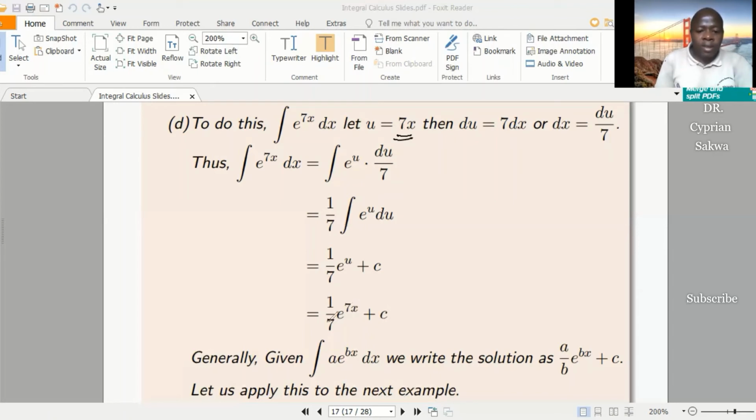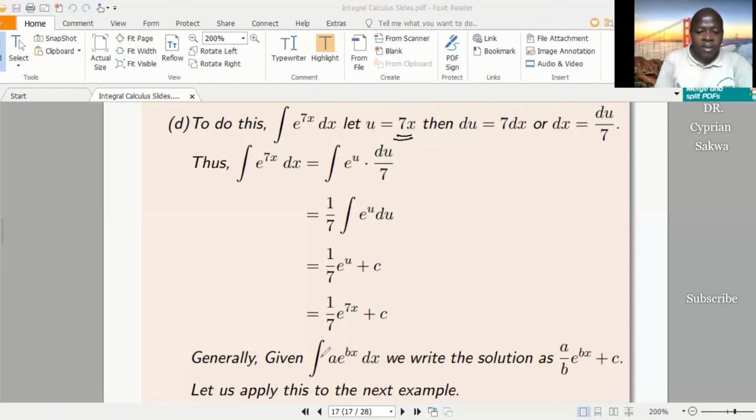Now that means we are in a position to do such questions mentally, so that in cases where we have long workings and this appears, we can do it mentally and reduce the working. There's a 7, a coefficient of x here; putting the coefficient of x at the power gives 1 over 7, and the rest remains.